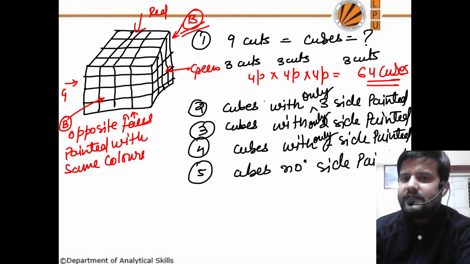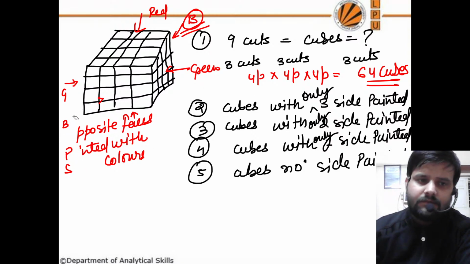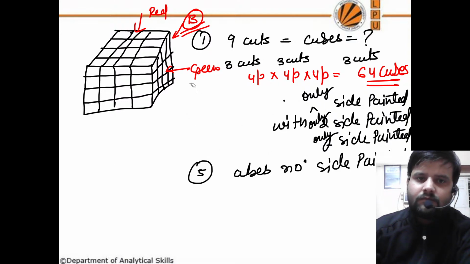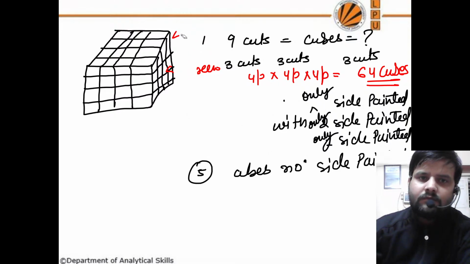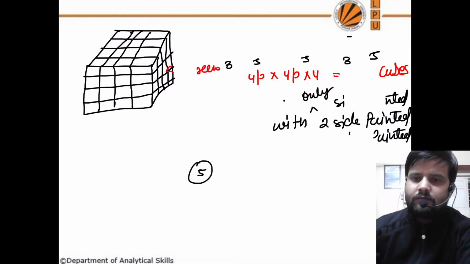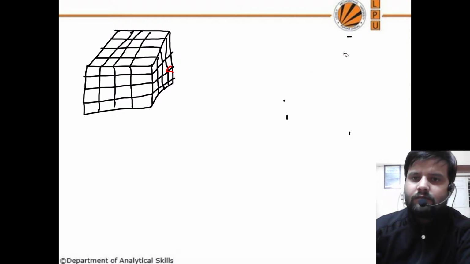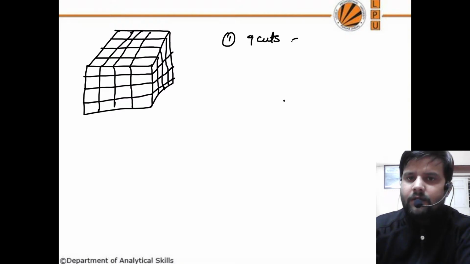I am erasing and summarizing everything. So first question, 9 cuts, pieces we got is 64.